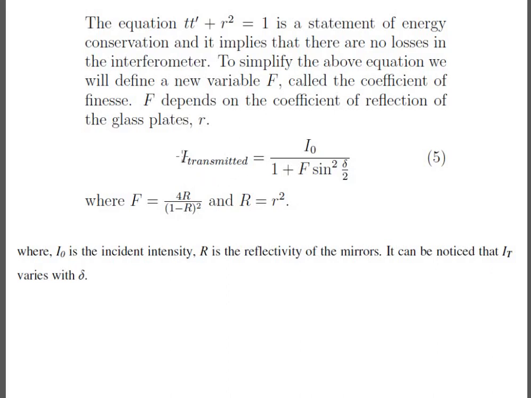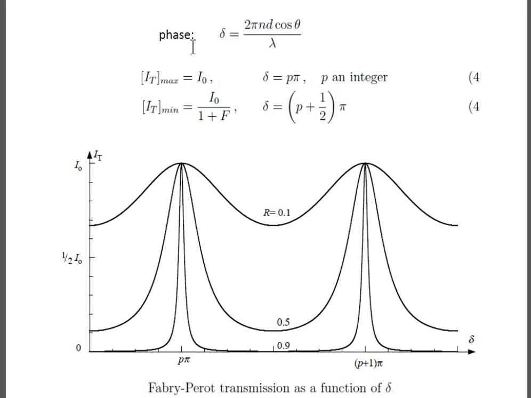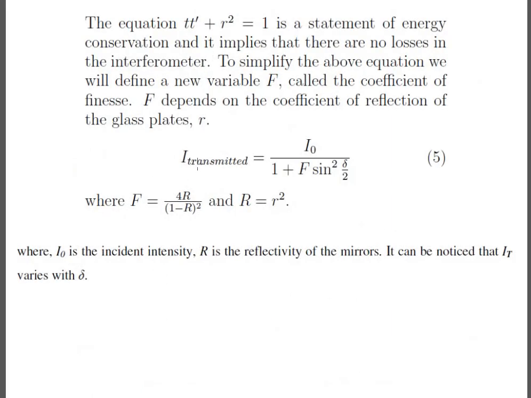Next, the intensity of the transmitted beam varies as a function of delta. So let's look into it. This phase delta is basically 2 pi n d cos theta divided by lambda. From this relation, for the transmitted intensity, you can easily find the maximum and the minimum limits.